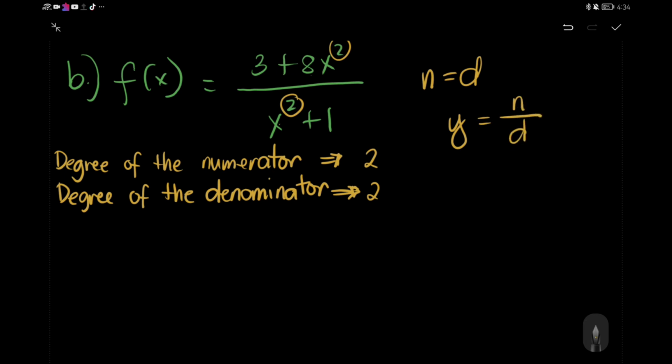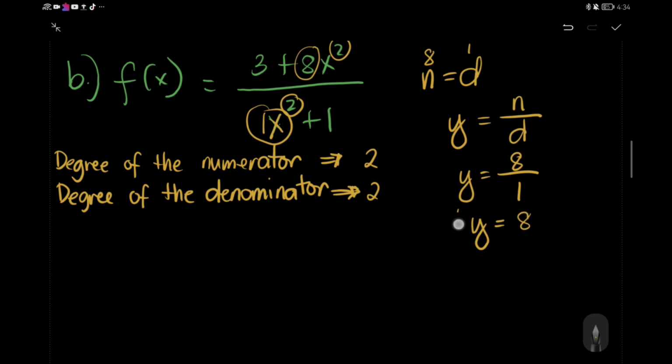What do we divide? We divide the leading coefficient of the numerator by the leading coefficient of the denominator. In this case, in the numerator, the leading coefficient is 8 and in the denominator is 1. Meaning if there is no number beside the variable, it is 1. So, in substituting, this is 8 over 1. So, therefore, y is equal to 8.